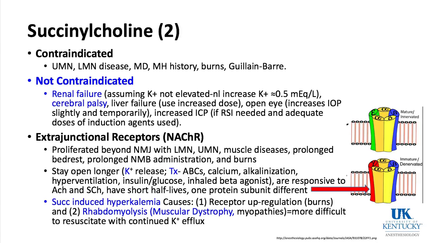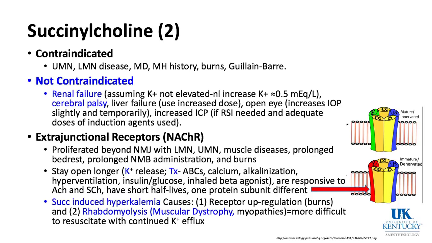ICP can also be raised by succinylcholine, and if RSI is needed, if you give adequate doses of induction agents, we will use succinylcholine even with patients with intracranial pressure. However, there are many other options, like rocuronium, to rapid sequence someone and take this out of the equation.